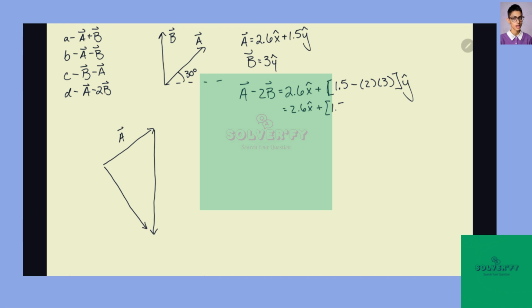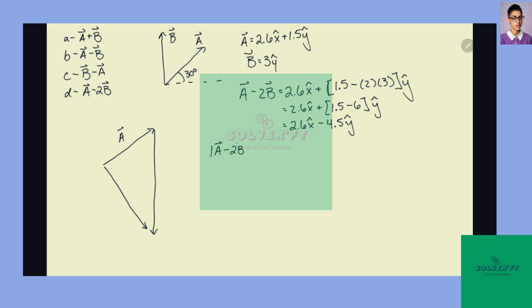So we have 1.5 minus 6. That will give me 2.6 x hat minus 4.5 y hat. Now let's find the magnitude and direction the same way we have been.